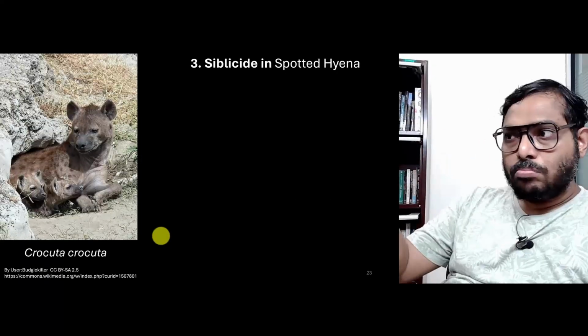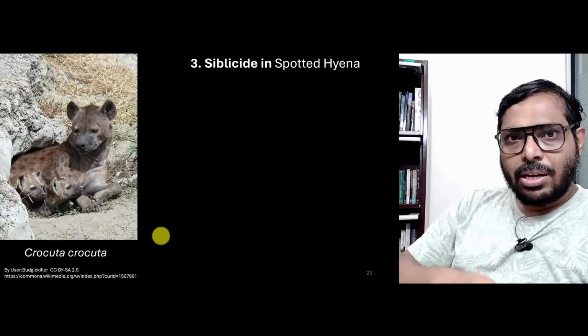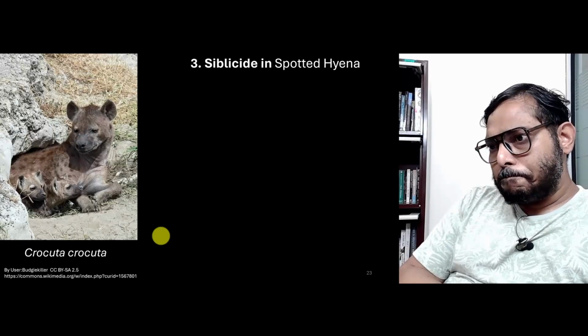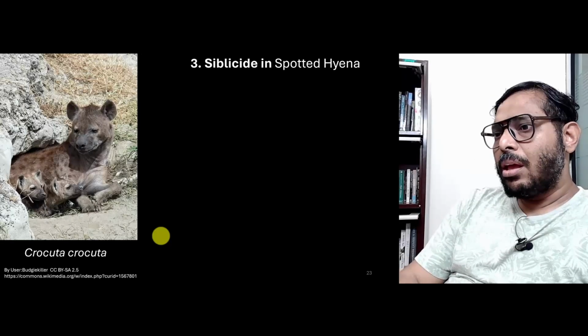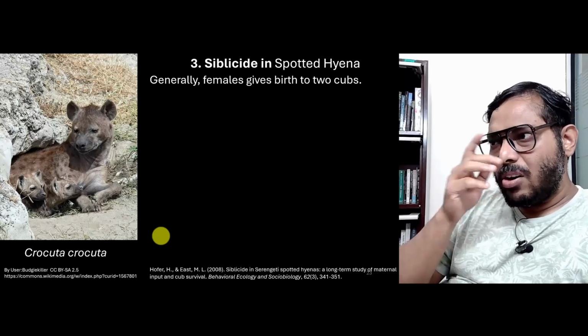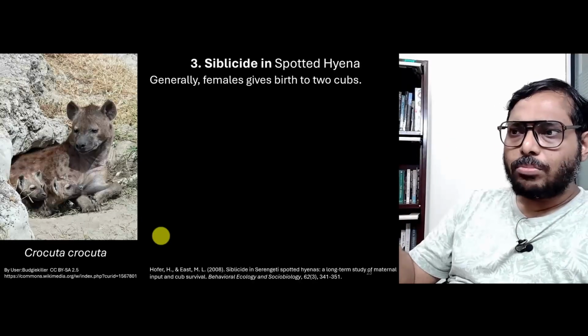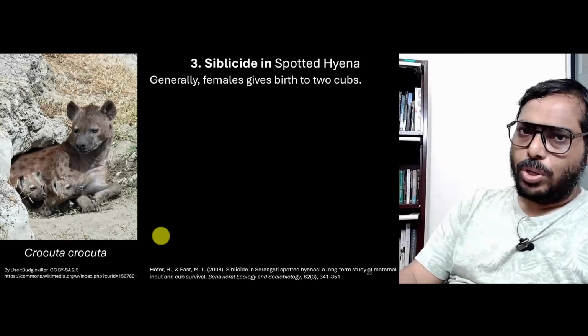Okay. So, these are animals you find, as you know, in Africa, spotted hyenas, and the mother normally gives birth to 2 cubs. Sometimes 3 cubs are also produced, but typically 2 cubs are produced.